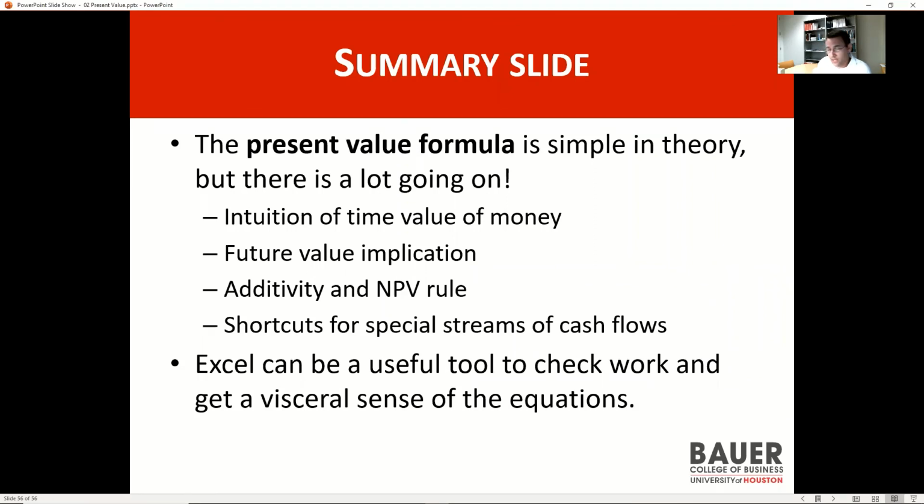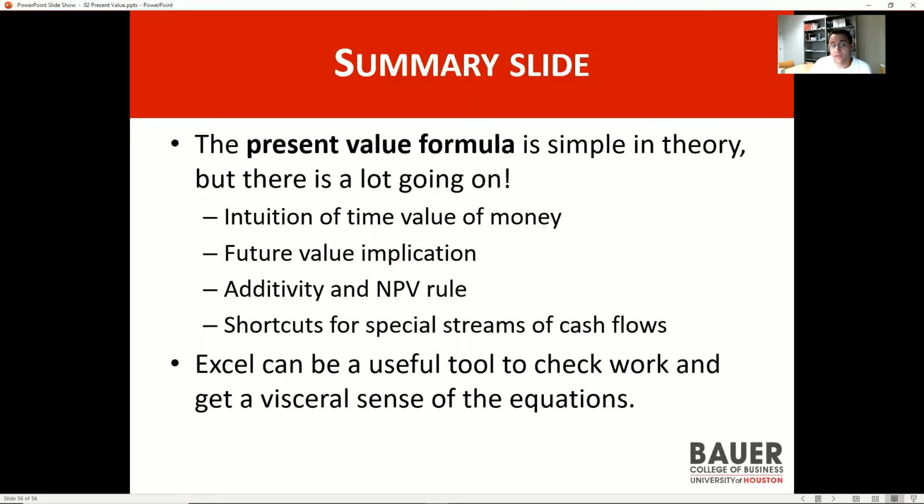And then likewise, the risk of those future cash flows gets embedded in the time value of money as well. So those are the two things that are the economics behind everything that we've done today. Beyond that, everything's just moving cash flows backwards and forwards in time. So if you can calculate a present value, you can calculate a future value. It's all the same thing.